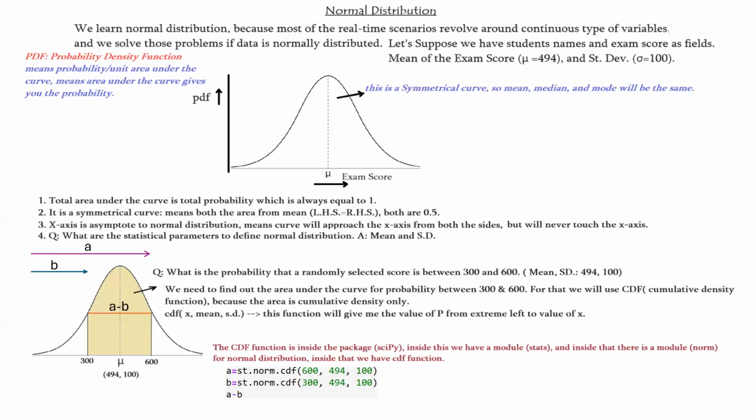See, we learn normal distribution because most of the real time scenarios revolve around continuous types of variables. And we can solve those problems if data is normally distributed. So we all know about the bell curve.